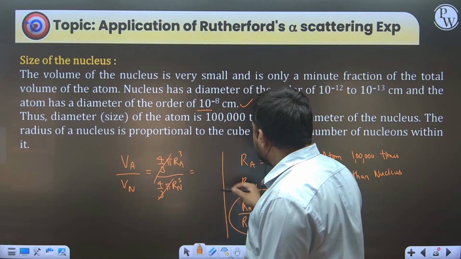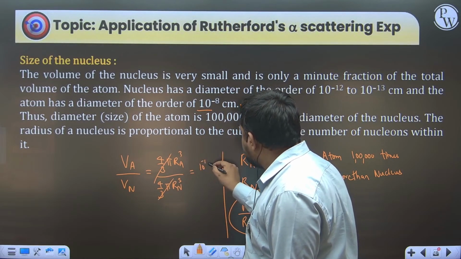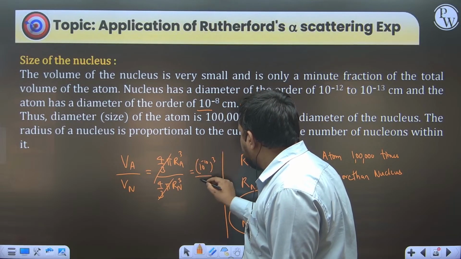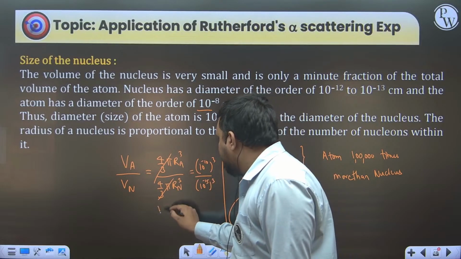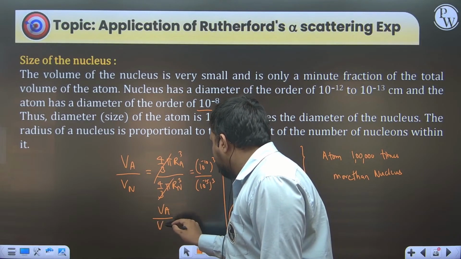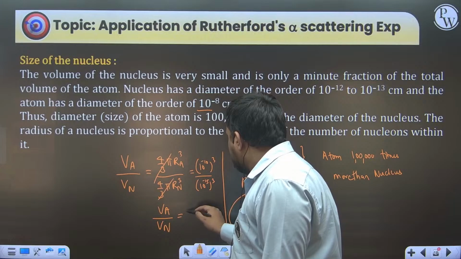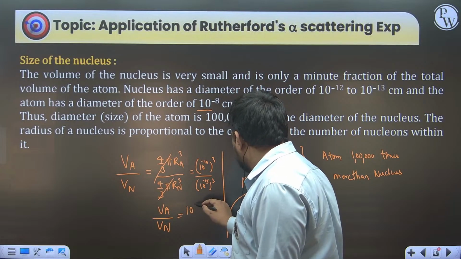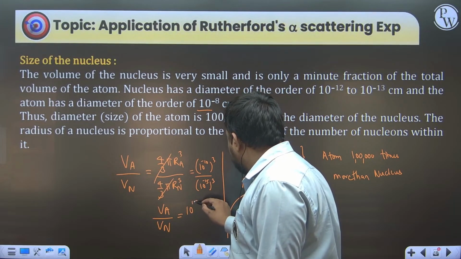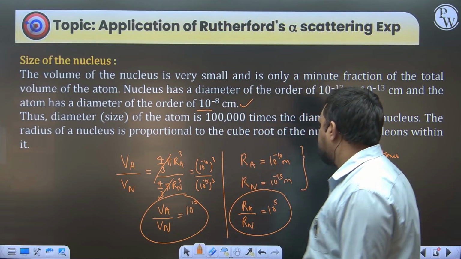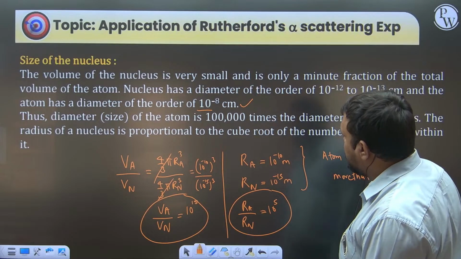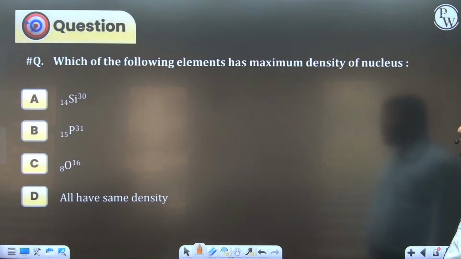So we are having 10 to the power minus 10 cube upon 10 to the power minus 15 cube. So what is the volume ratio over here? We are getting 10 to the power 15 as the ratio. So these questions also they are asking.